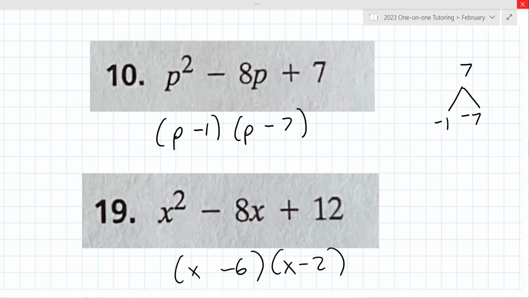Yeah, -6 and -2. All right, sorry about that, I was muted. Yes, this is correct.